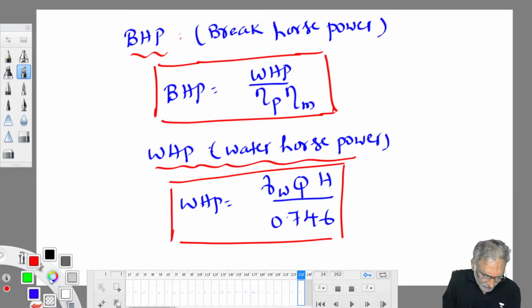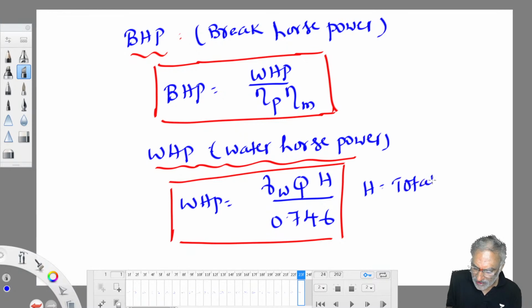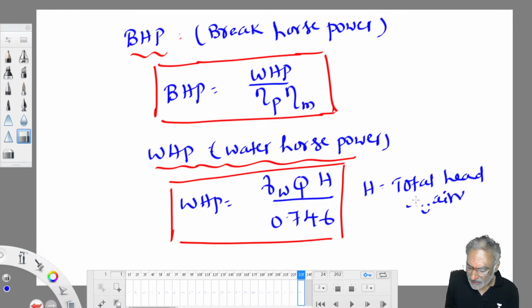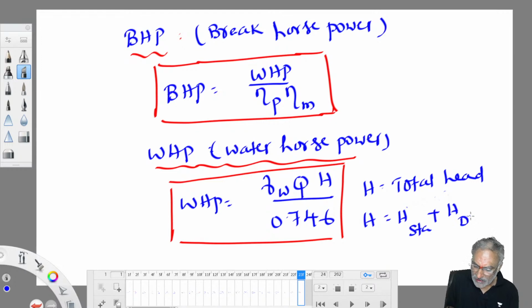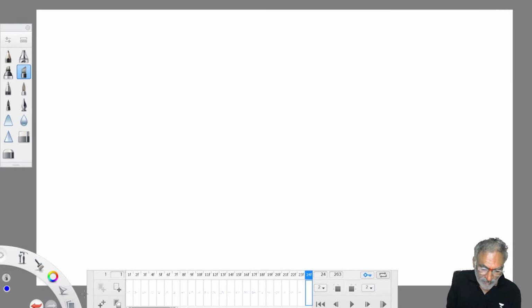H is the total head against which the pump has to work. This total head is the sum of static head plus dynamic head, H static plus H dynamic. Understood? Static head means what? Head that does not change. Normally, this is our pipe, pump, this is our pipe.